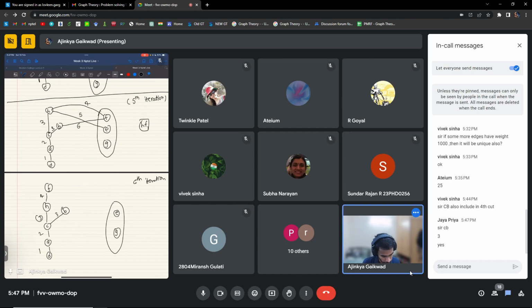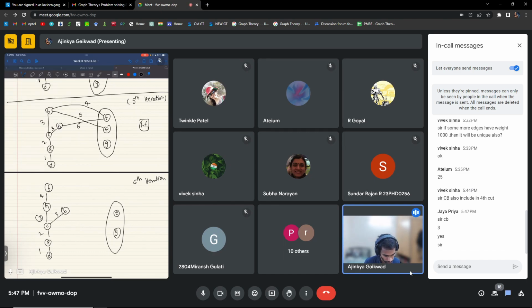Okay. Yes. Thanks. Now, what are the edges which are cross edges? So I have E and G on one side. So I can see that there is EF, which is of weight 5. Then I have EH, which is of weight 5.